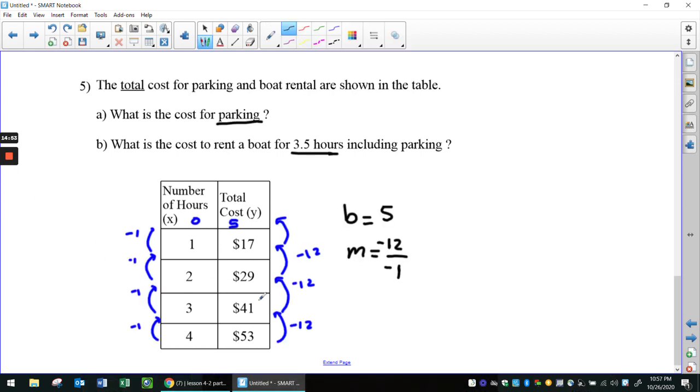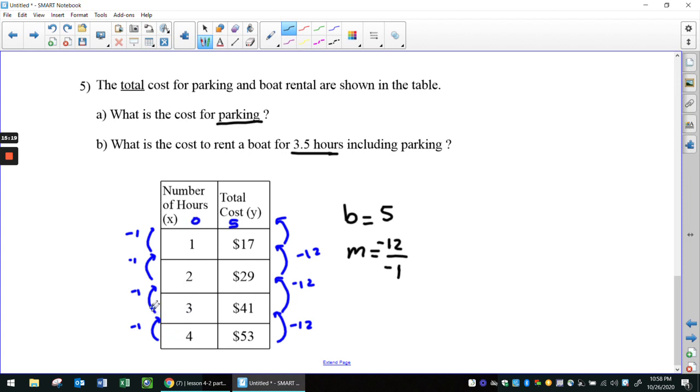Okay, so hopefully by now you've seen that the y values are decreasing. You could either look at it as increasing by 12 or decreasing by 12 so that you can get to the y-intercept, which we want because we want to know what our initial cost is, and that is when x is 0.